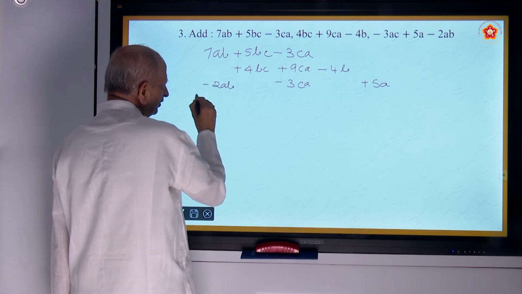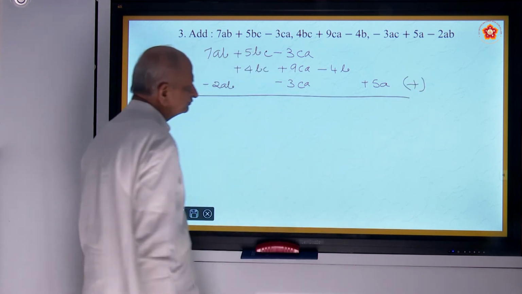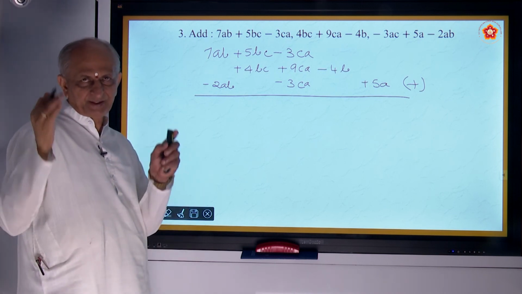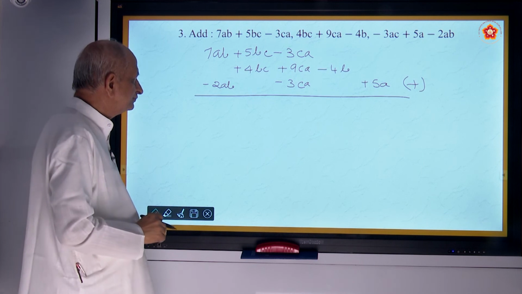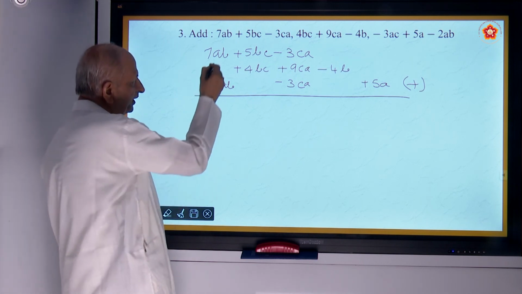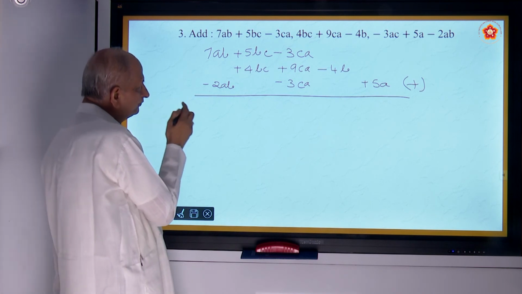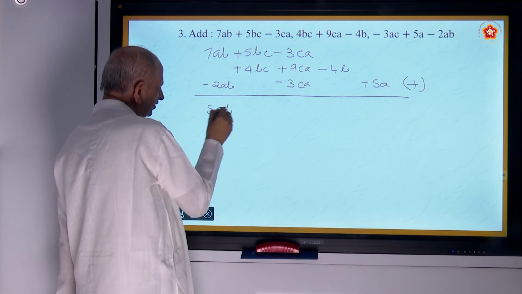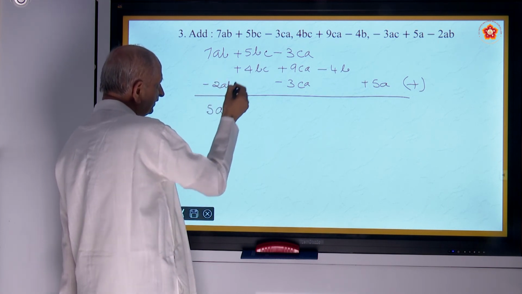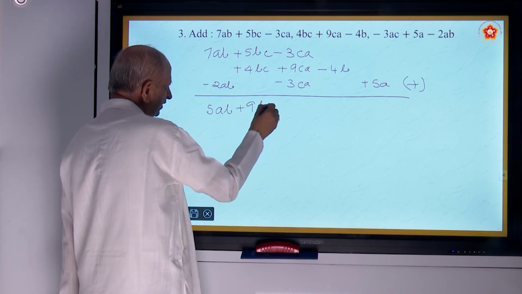This is the first thing you must do. The operation is addition. You must keep the particular terms under that only. It will be easy for addition. So here 7ab minus 2ab becomes how much? 5ab. 5bc plus 4bc becomes 9bc.